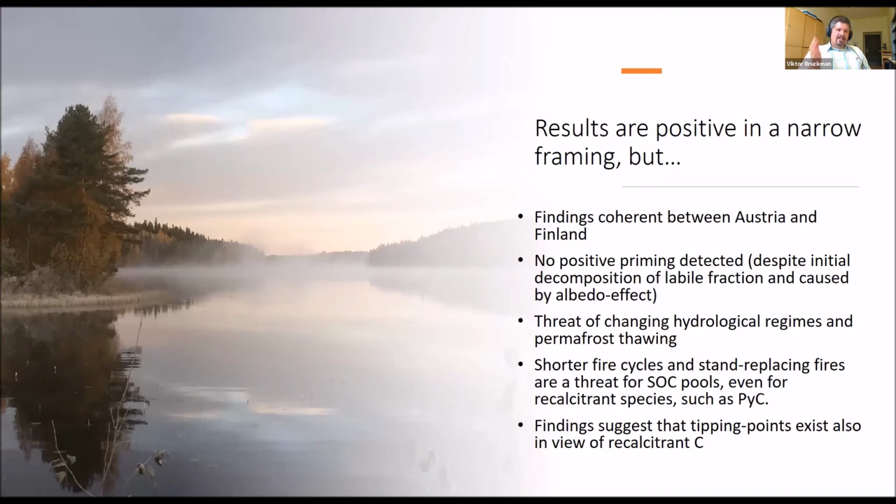But at the same time, we still cannot say enough, because the underlying processes, especially in combination with thermokarst thawing, are difficult to address. What we found is an increased carbon stock in the organic layer, both from wildfires and from additional artificial carbon as biochar, because it's recalcitrant, and this is exactly the amount that was actually added.